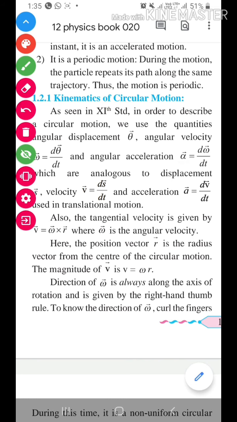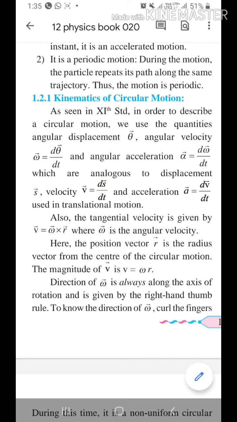These quantities are analogous, and this word is very important, to the quantities from linear motion shown in this bracket: displacement s bar, velocity v bar, and acceleration a bar.